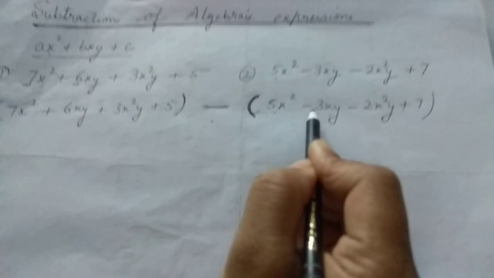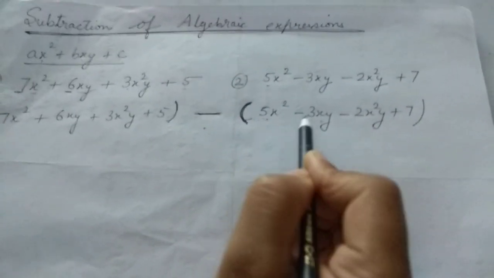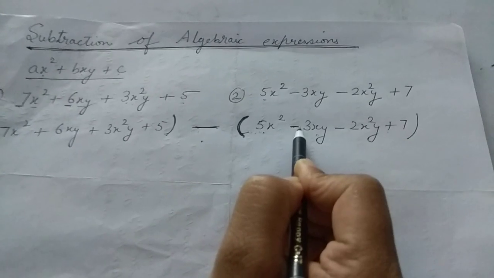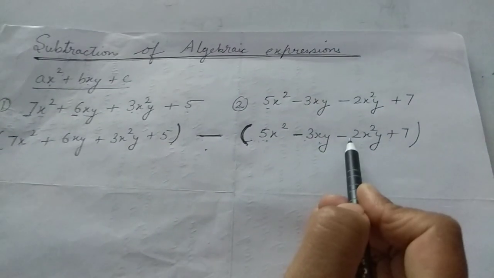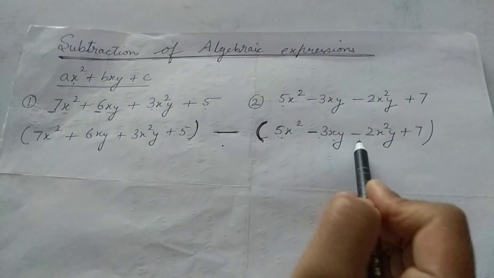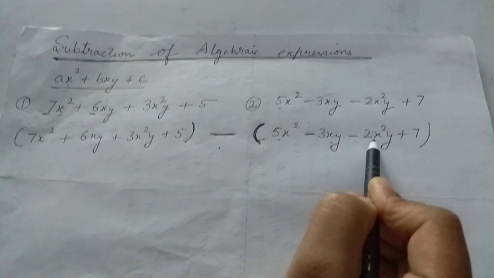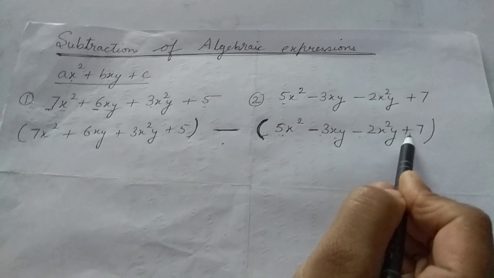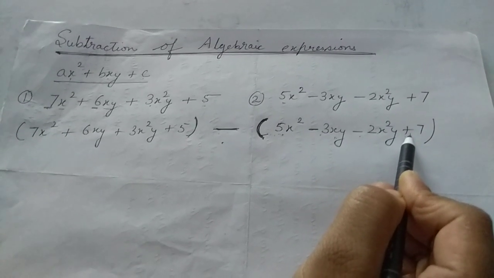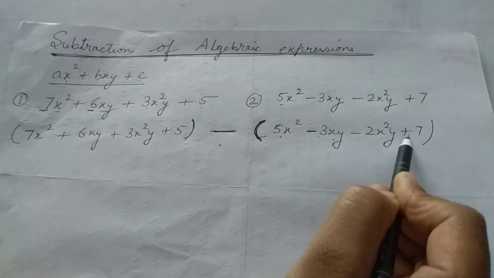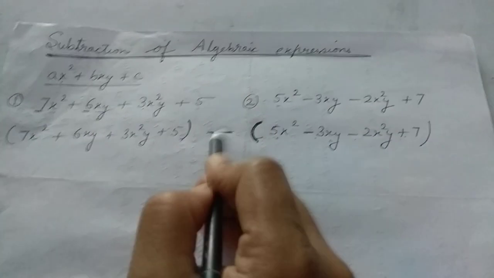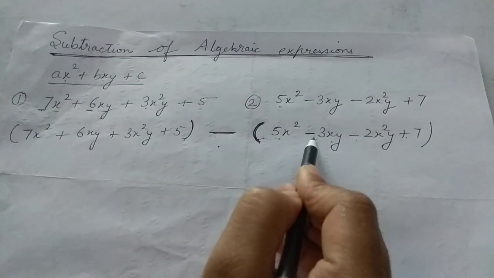So on opening the bracket, it will become minus and minus, it will become plus. So minus sign will reverse to plus and plus sign will reverse to minus. Again, this is a minus sign, so on opening the bracket, it will reverse to plus. This is a plus sign. On opening the bracket, it will reverse to minus. This happens only when there is a minus sign in front of the bracket.